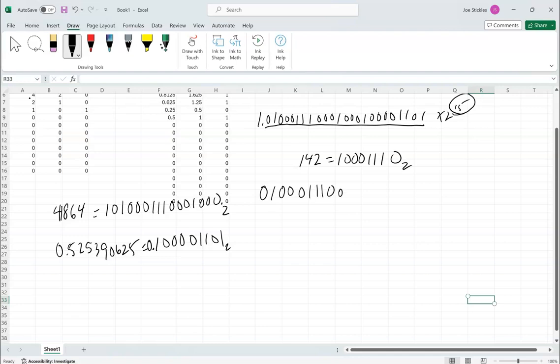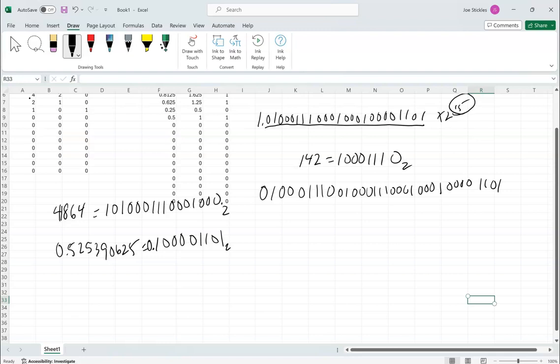And then that big long thing. That would be our machine representation at that point. Lots of zeros and ones. And there should be 32 bits there for single precision.